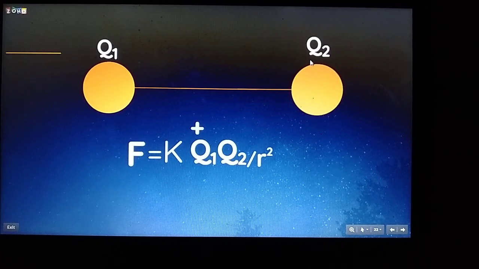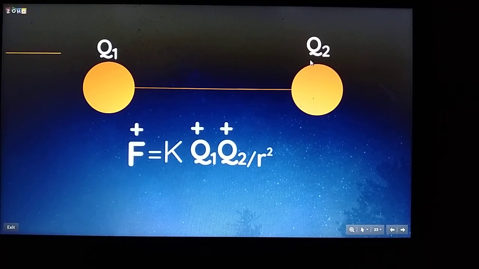Finally, from Coulomb's law, we can find out the nature of the force, whether it is attractive or repulsive, in a very simple manner. As you can see, Q1 is positive, and if the charge Q2 is also positive, then we know the product of two positive numbers is positive.